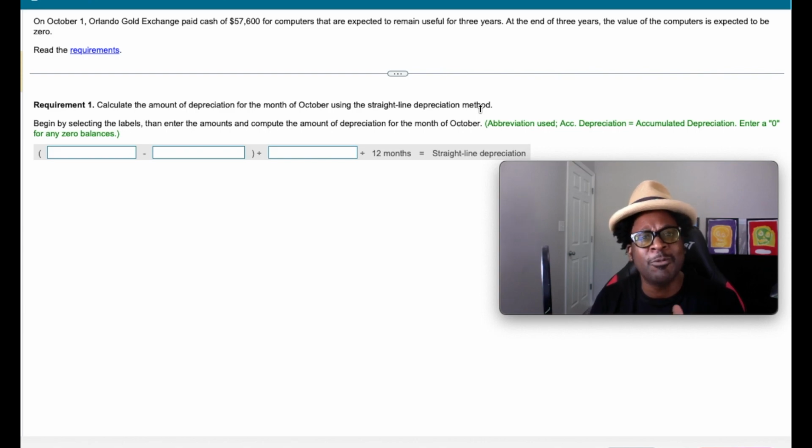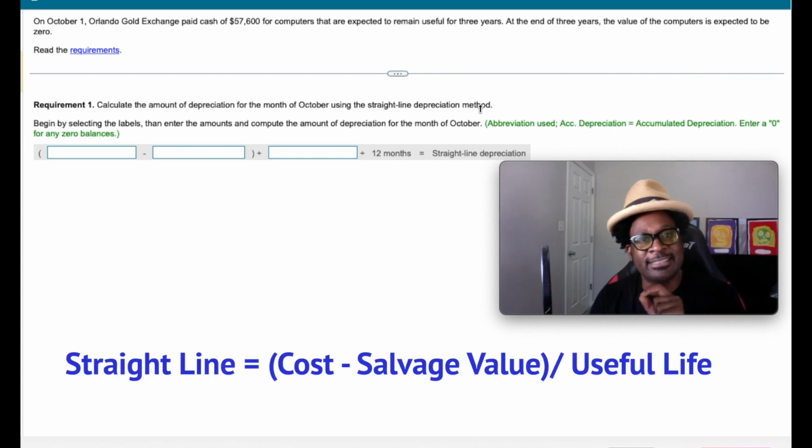But for right now, they want us to use the straight line, which is the easiest of them all. The straight line formula tells us that the cost minus the salvage value divided by the number of years will tell us how much to depreciate the asset on a per year basis. That amount will remain constant throughout its entire life. That's why they call it a straight line.